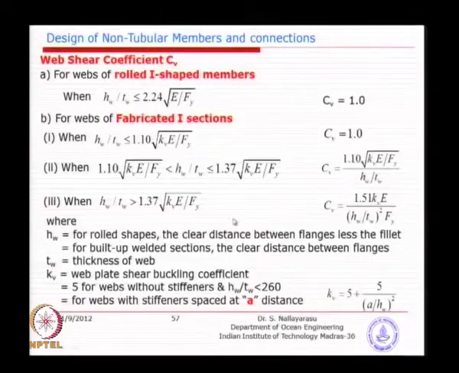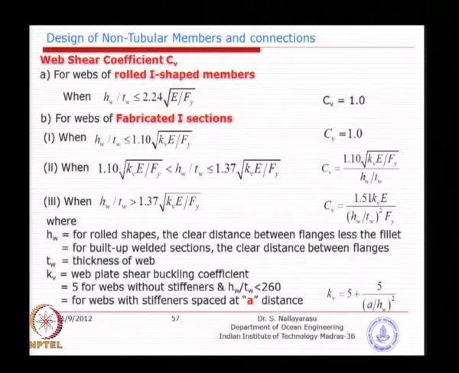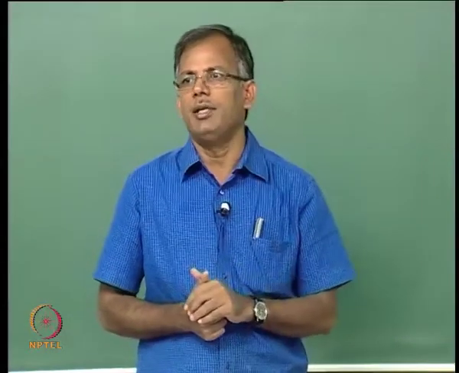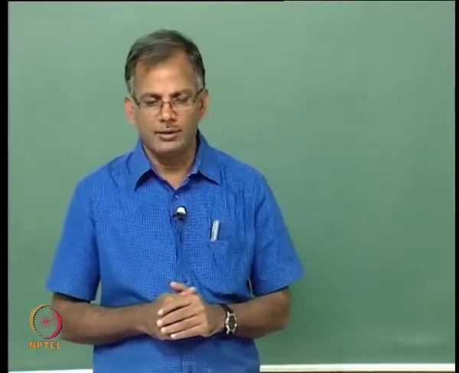So there is a slight modification to the CV. As long as you buy I-shaped members, the CV value is 1.0, whereas for fabricated sections, the height of the web to the thickness of the web becomes higher, so you have a slenderness effect. So local buckling may govern instead of 60% of yield, which is basically taken as the shear capacity.